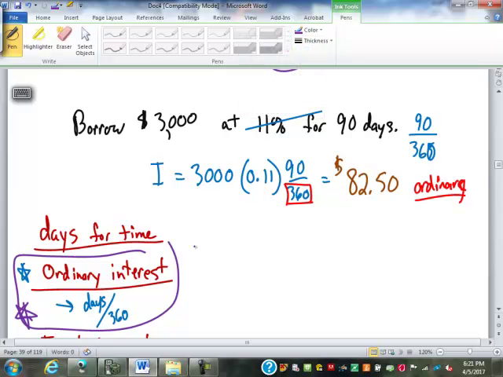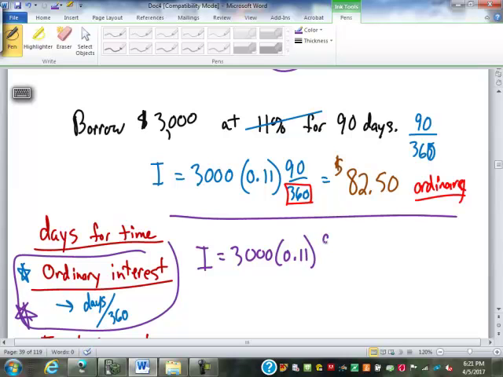Let's recalculate this again using exact. So it'd be 90 over 365.